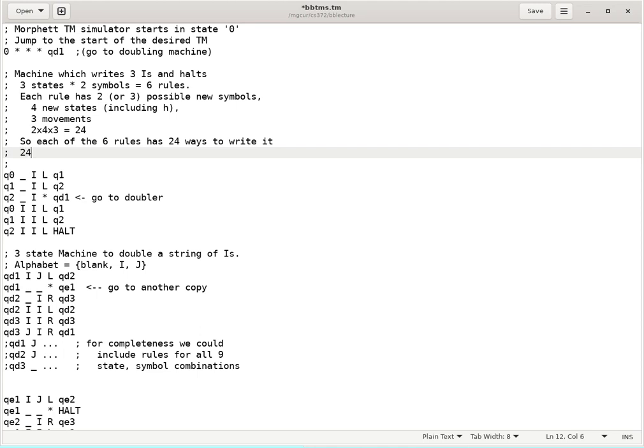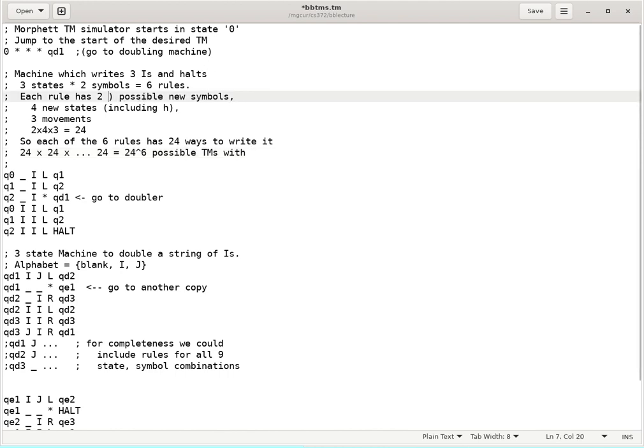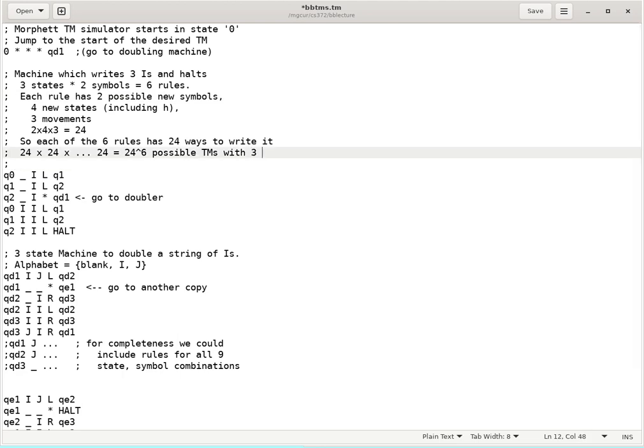So 24 times 24 times 4 equals 24 to the 6th, with 3 states and 2 symbols. Okay, so there are 24 to the 6th possible Turing machines that we could have written with 2 symbols and 3 states.